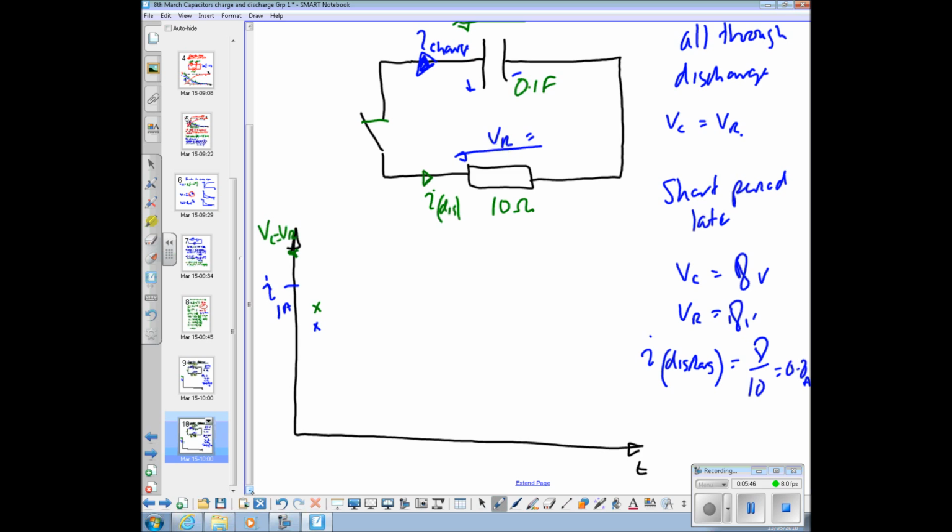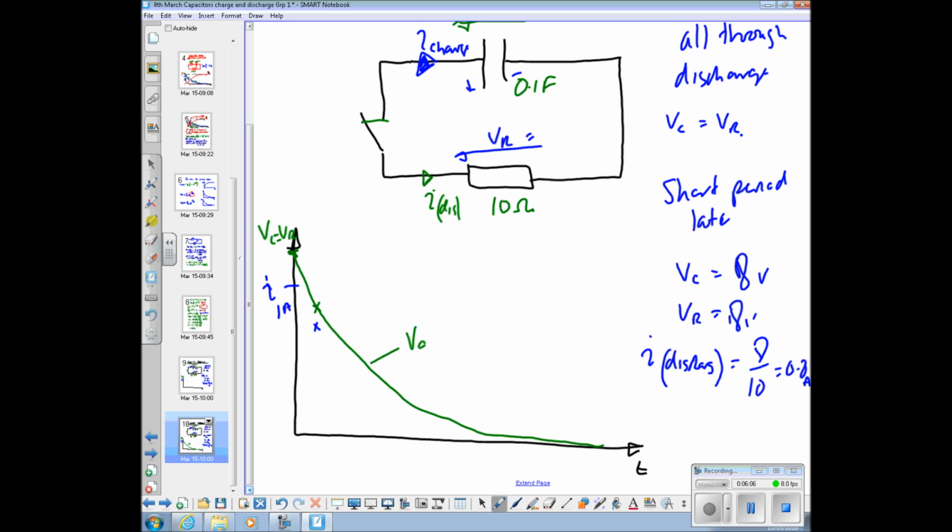Okay. And like the other one, speed this up a bit, we're going to get the capacitor voltage and resistor voltage as an exponential decay towards 0, never in theory quite getting there.